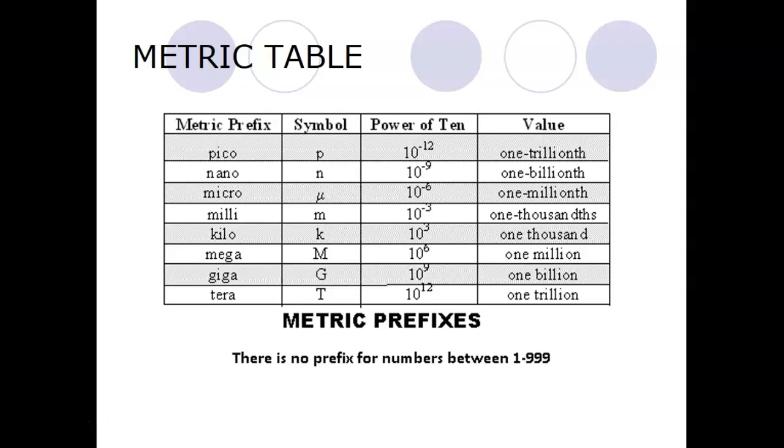There is no engineering prefix associated with a metric prefix for the numbers between 1 and 999. The reason I'm prefacing that is because there actually are metric prefixes for that, but they're not ones we use with engineering notation.